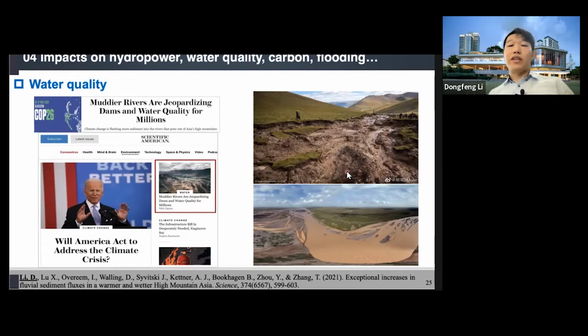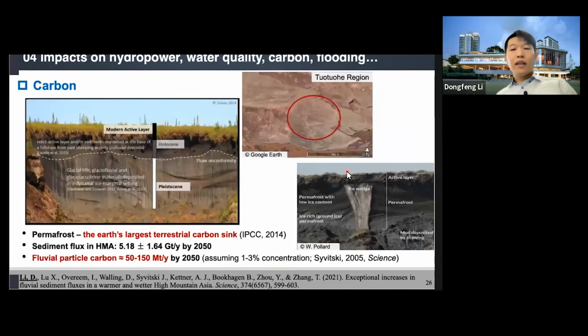So you can see this image here. And also importantly, sediment is also relevant to river particulate carbon, especially for high mountain Asia, where, as I mentioned before, 50% of the landscape is underlain by continuous permafrost. We know that permafrost is the Earth's largest terrestrial carbon sink, and much of the carbon has been stored in frozen permafrost landscapes for thousands of years.